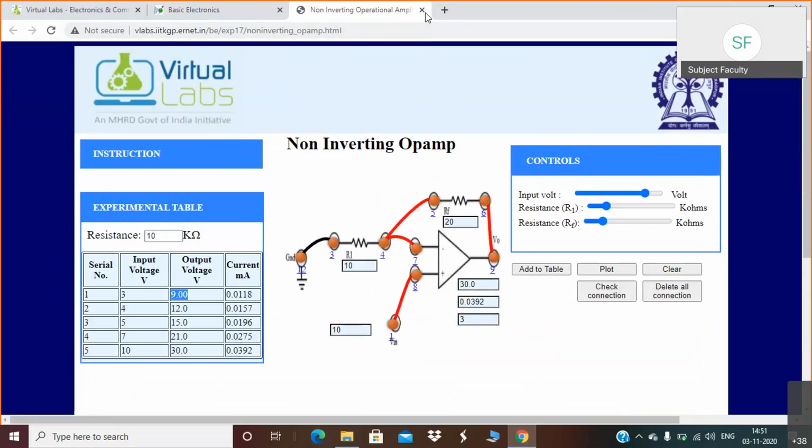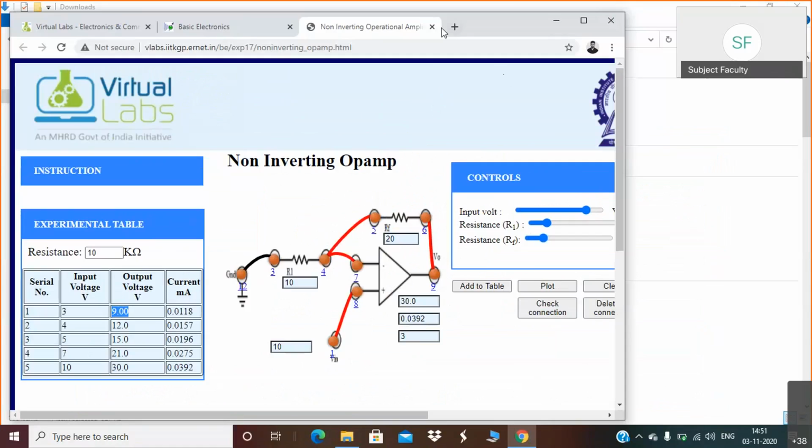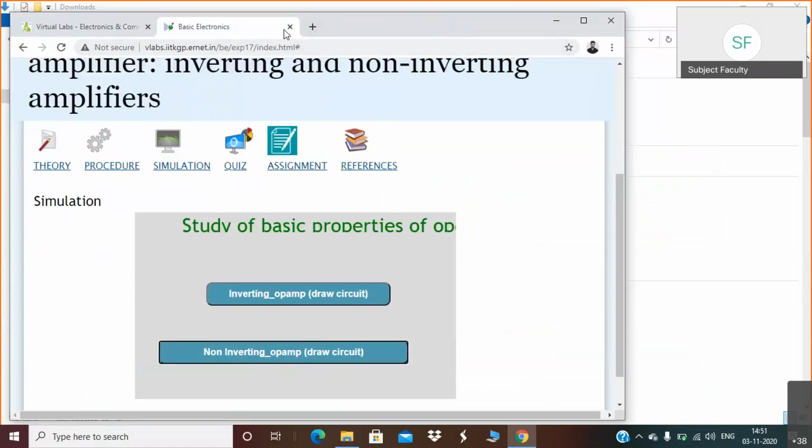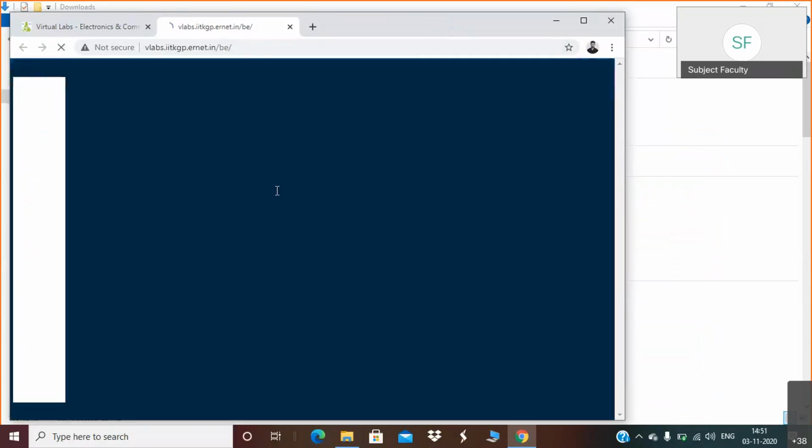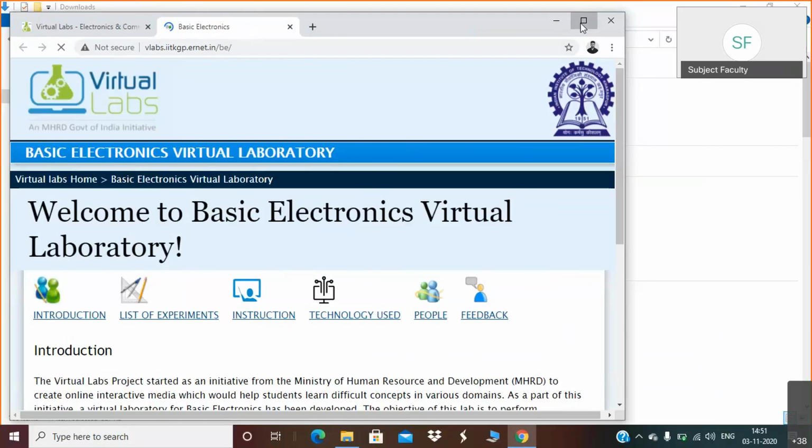So this particular experiment, that is experiment number 16 in the basic electronics lab.